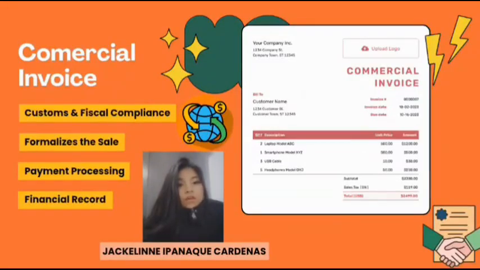It is required for releasing funds and processing payments, especially when using a letter of credit, directly affecting the exporter's cash flow. Financial record. It provides the basis for financial recording and is used by logistics actors, carriers, or brokers to verify commodity details and assigned values.